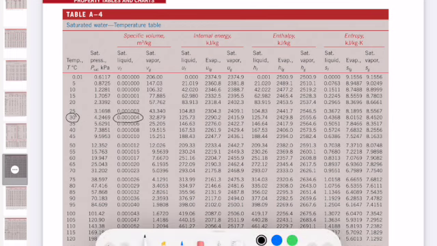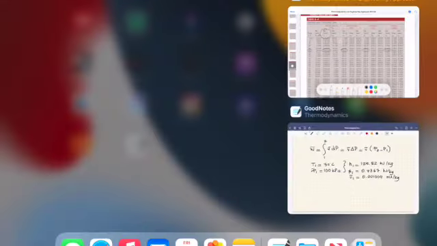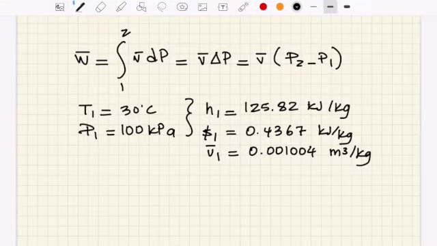So we need to read that as the specific volume of the saturated liquid, and UF if you need it, HF is here, and then SF. So these are our properties. Some slight differences might arise due to tables being slightly different, but the values should be very close. So these are the properties we have read from the tables for our compressed water at the inlet.